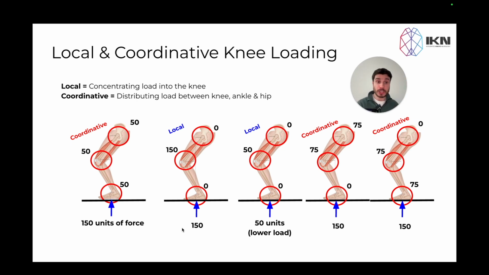In another situation, you may have an individual who is great at coordinating load across the hip, the knee, and the ankle, but they really struggle to handle load in isolation through the knee. Okay, so we need to have the ability to, number one, assess this by looking at subjective and objective features of the unique clients, but then we need to have options through which we can implement this into a rehab plan.